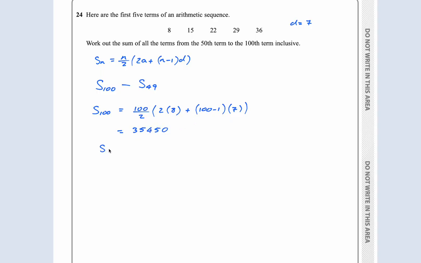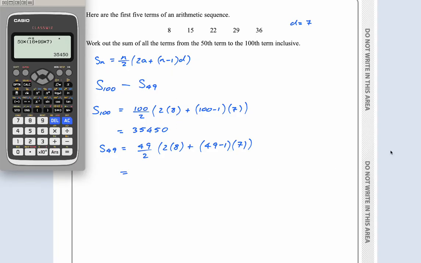Then the sum of the first 49 terms, same thing, except this time n is 49. This is 49 over 2, 2 times 8 again, plus 49 minus 1 times 7. That's subbing numbers straight into this.